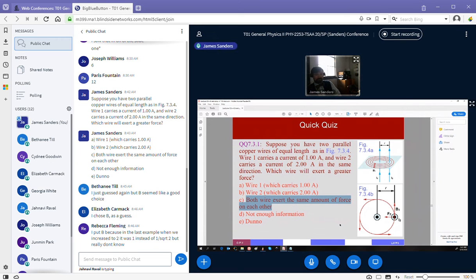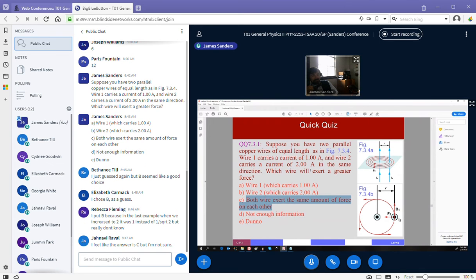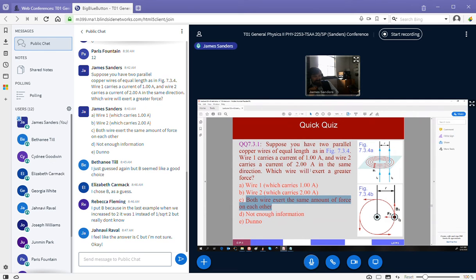One way that we could do it is we could go and actually try to calculate how much B field is this one producing, and therefore what's the force? How much B field is this one producing, and therefore what's the force? And that will get you the correct answer. John Avi now types, I feel like the answer is C, but I'm not sure. Yes, it is C. That is correct.